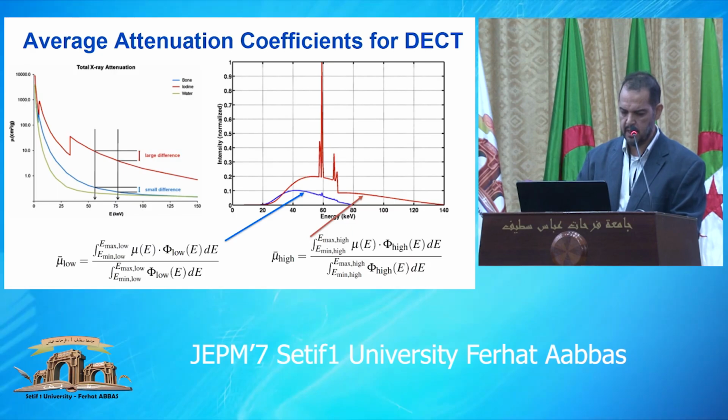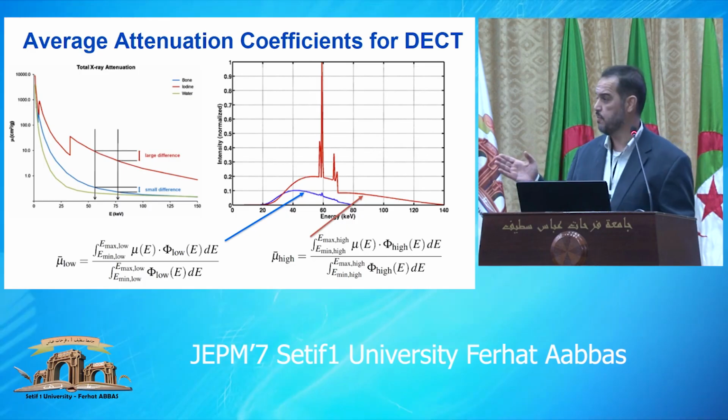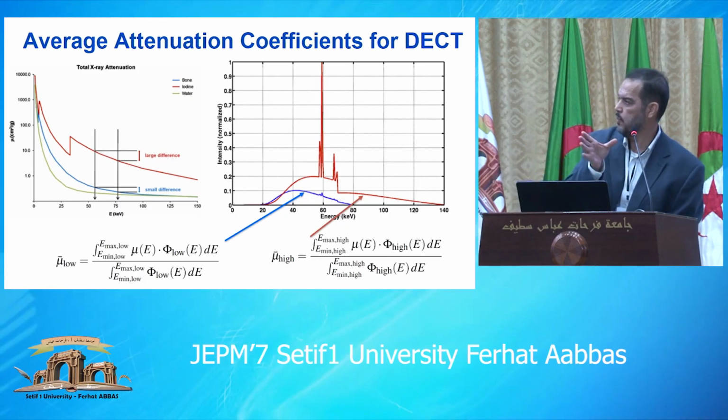You integrate the monoenergetic attenuation coefficient times the spectrum, or the photon fluence versus energy, divided by the same integral over the photon spectrum. So this is an average attenuation coefficient for the low energy.